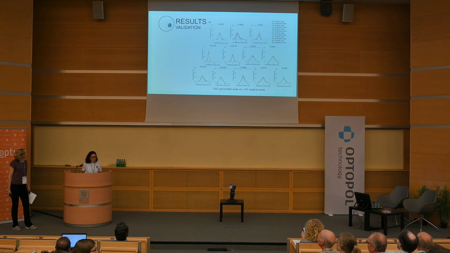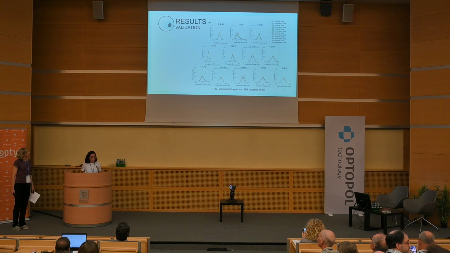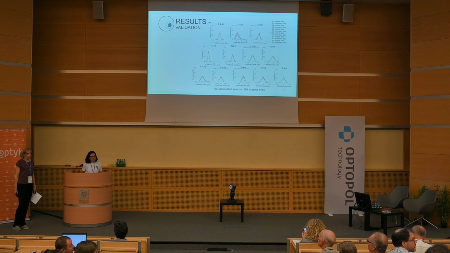Yes, that happens in some Zernike coefficients, but not in all of them. Also, the generated data have more data than the original one. That explains it, okay, because I would have instinctively thought that the generated would be sharper, but you've explained, so you've had more points to interpolate in the generated.